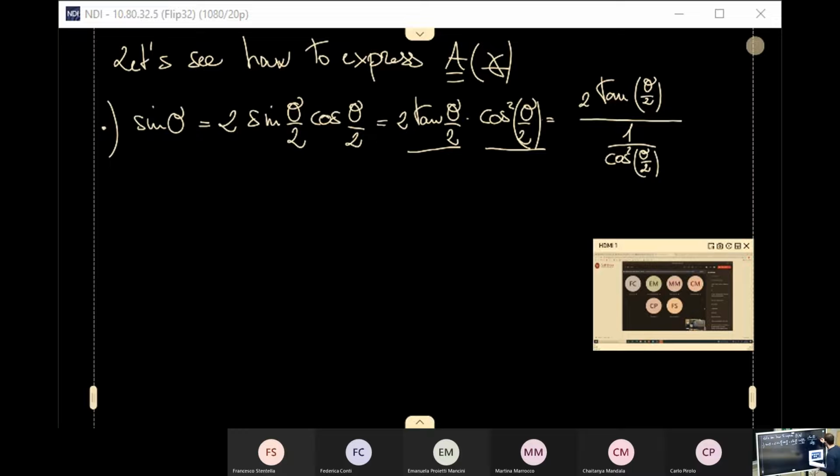Right? So it's nothing super fancy. And 1 over cosine squared of theta divided by 2 is the secant. Okay? It's by definition the secant squared of theta divided by 2.